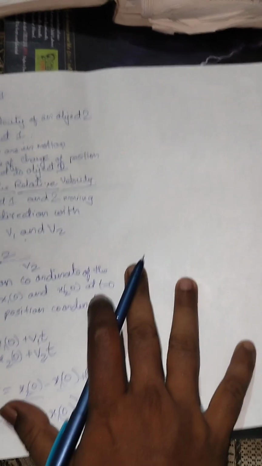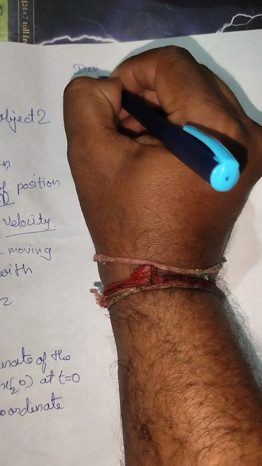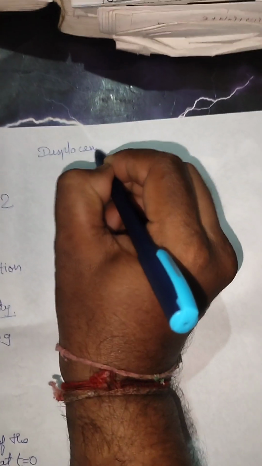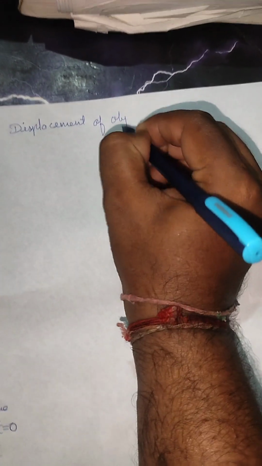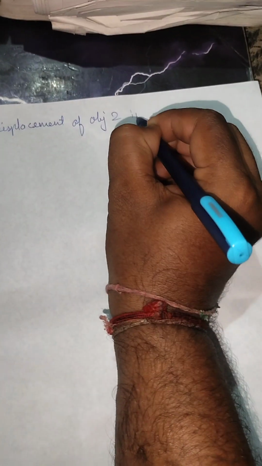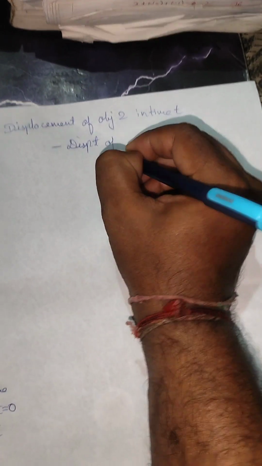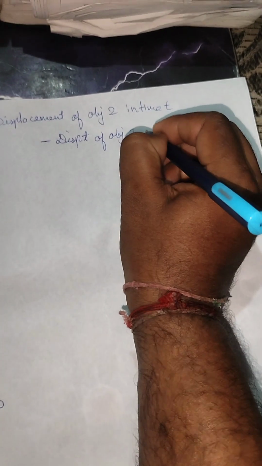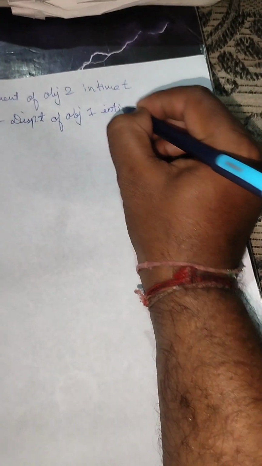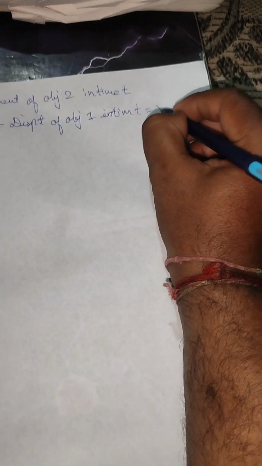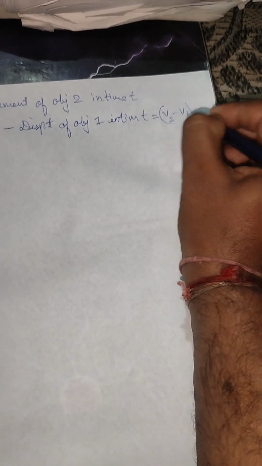So the definition is the displacement of object 2 in time t minus the displacement of object 1 in time t equals v2 minus v1 into t.